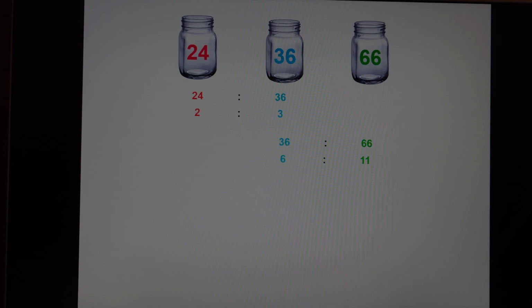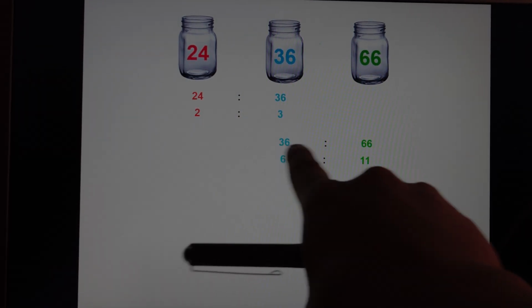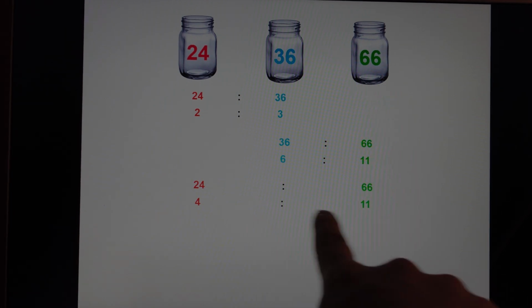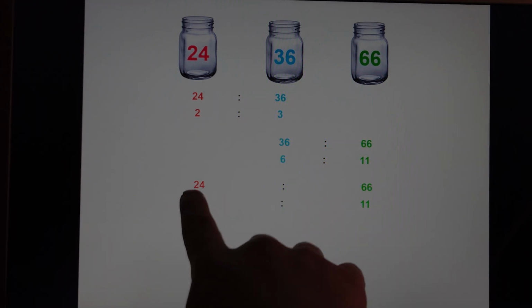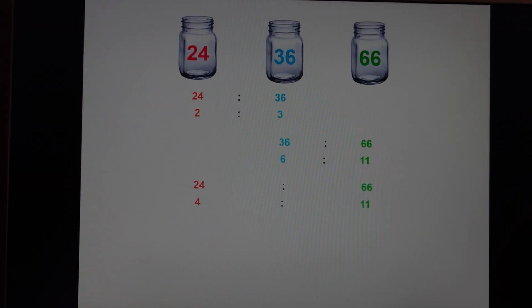If I compare, say, the blue and the greens, this ratio also simplifies because these are both in the 6 times table. I can divide them both by 6. And similarly, I could compare just the red with the green, and when you do that, you can simplify the ratio again because, once again, they're both in the 6 times table, so you could divide that by 6, divide that by 6, so 4 to 11 is the simplified ratio of red to green.